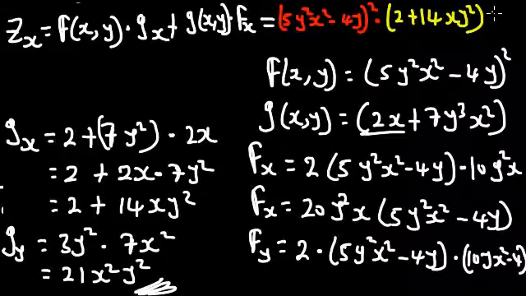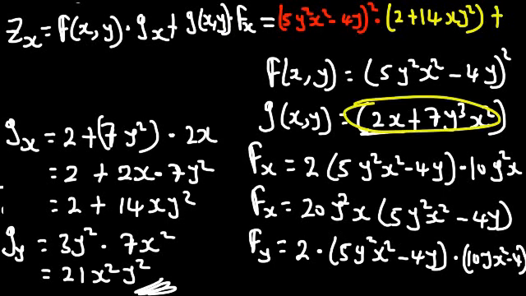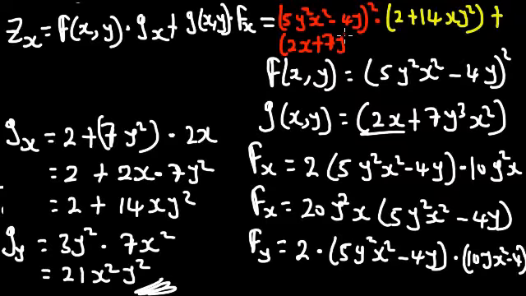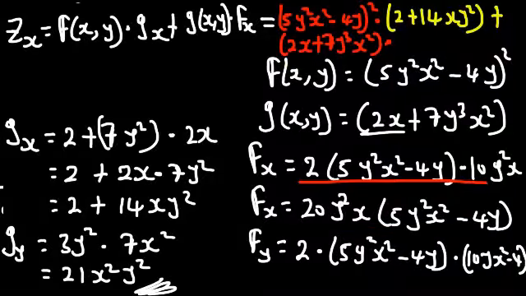Now we are adding plus g of x comma y. This is g of x comma y, so we have that in red in a bracket: 2x plus 7y cubed x squared, then multiply by f sub x. Our f sub x is simply this, which is what we have here.